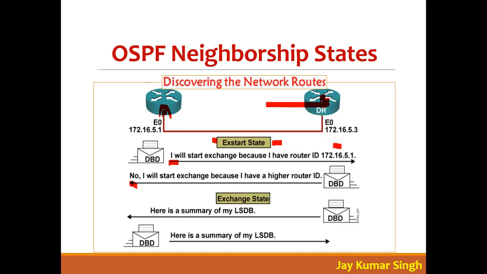The master is authorized to exchange the data in the network. The slave will send the data to the master and the master will send the data to other slaves. So here they find who will become master. The highest router ID becomes master. So whose router ID is highest, 5.1 or 5.3? Of course 5.3 is the highest router ID.